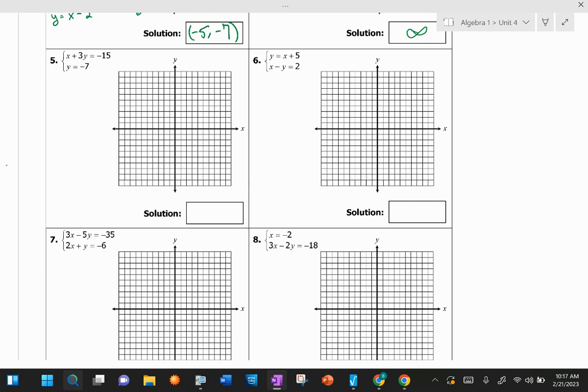It's negative x minus x. They both have negative. So I'm going to bring this down. We've got 3y. And now what's the last thing I need to get this y by itself?